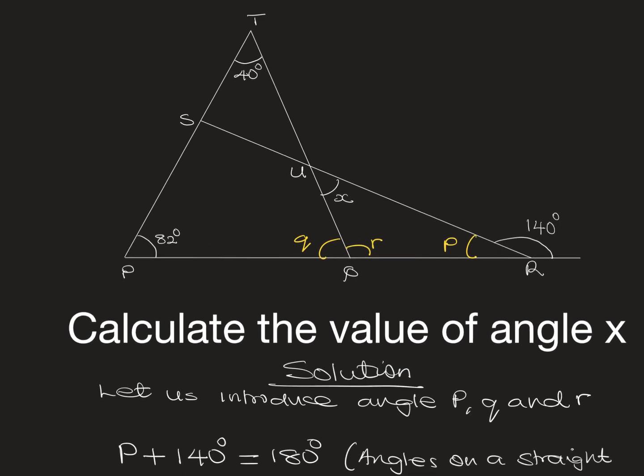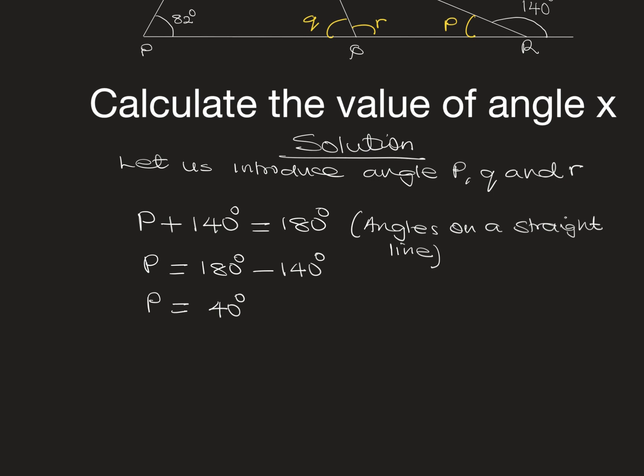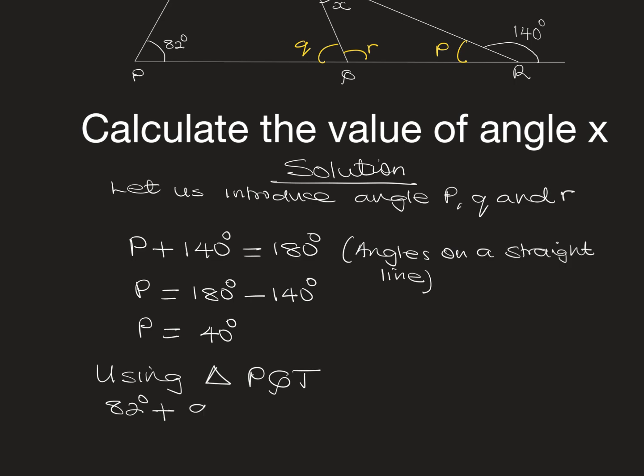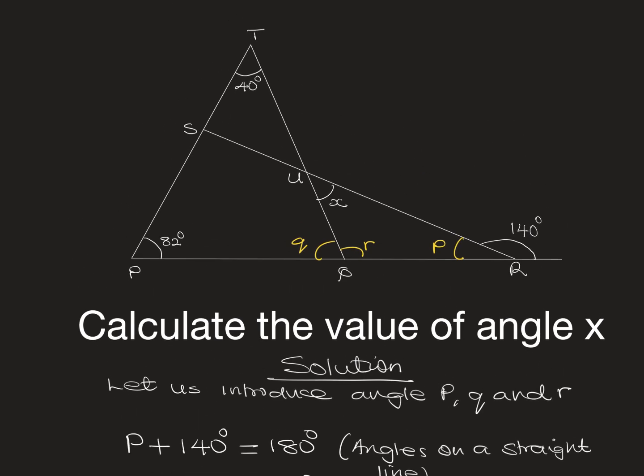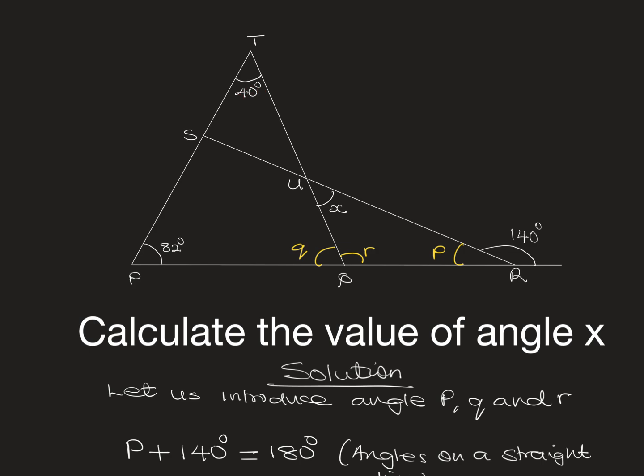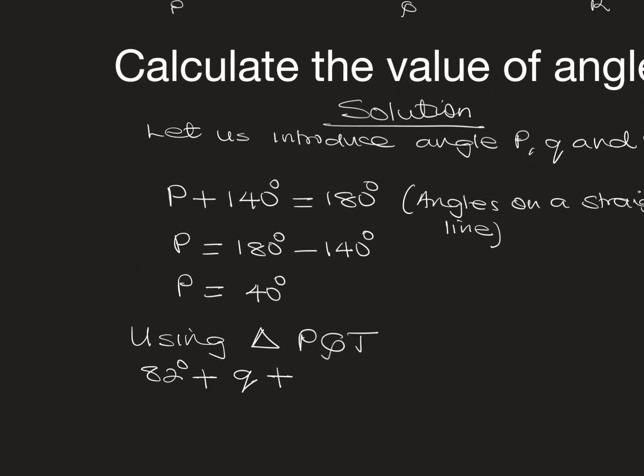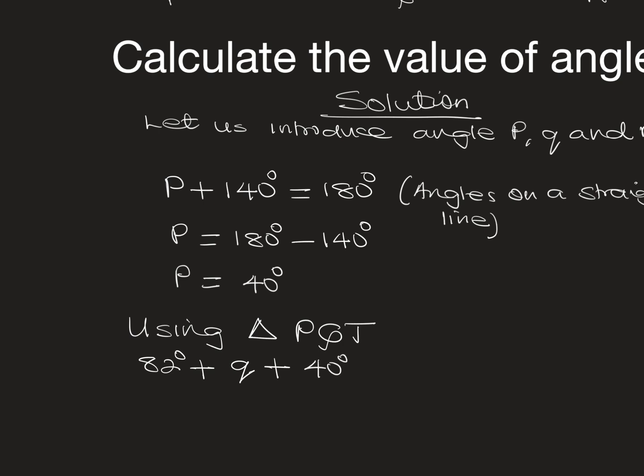So, using triangle PQT, we can say 82 degrees plus Q plus the 40 degrees here is equal to 180 degrees. Why?